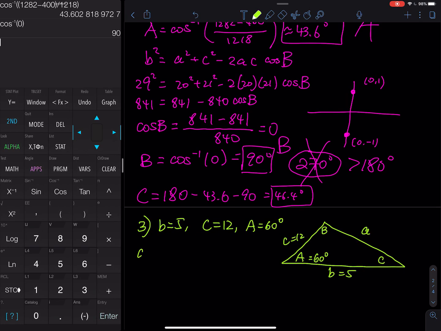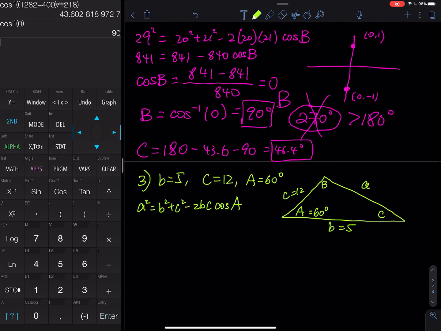So a squared is equal to b squared plus c squared minus 2bc cosine A. Again, start and end with the same letter. 5 squared plus 12 squared minus 2 times 5 times 12 times cosine 60 degrees.